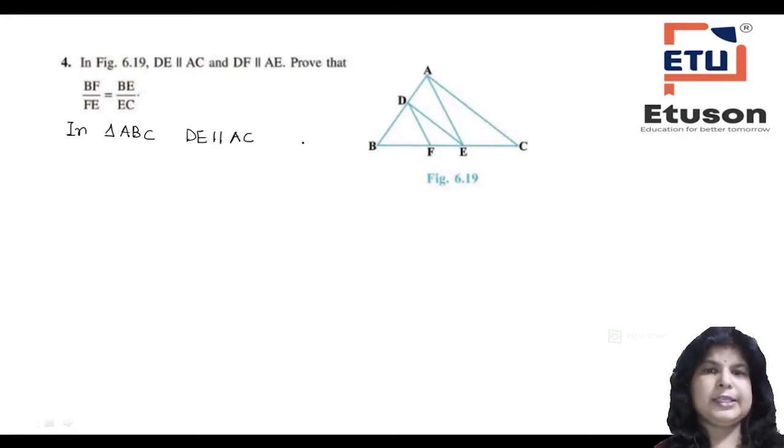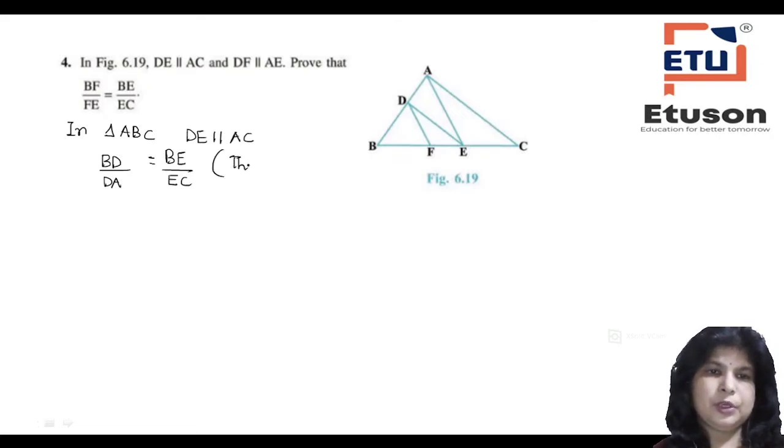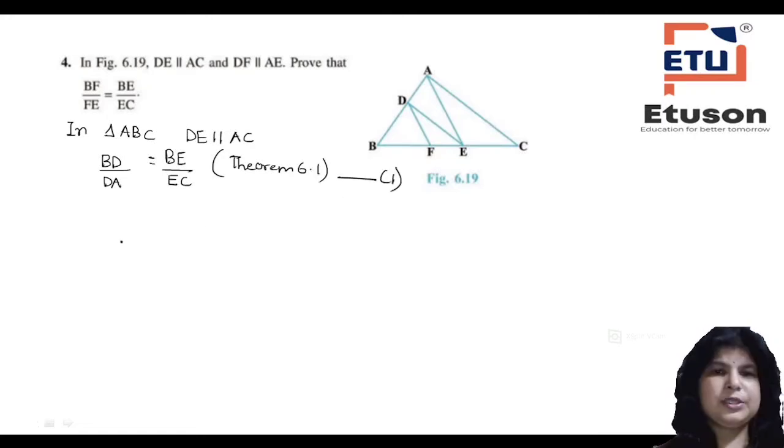If DE is parallel to your AC, you will get BD by DA is equal to BE by EC because of theorem 6.1. Again, we will mark it as equation 1.